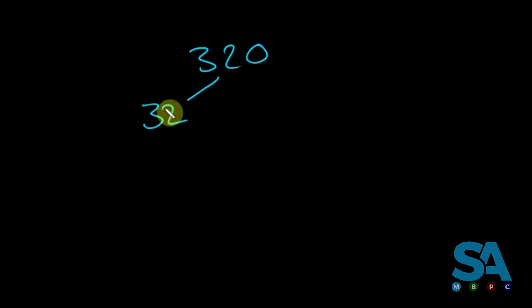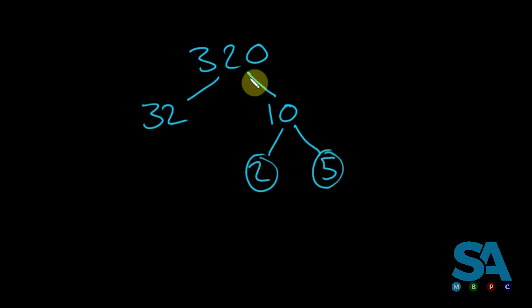So we'll do a branch leading to 32 and a branch leading to 10. 10 could then be split into 2 prime numbers, 2 and 5. 2 times 5 equals 10. Great, so we're done here. These are the prime factors down this branch.